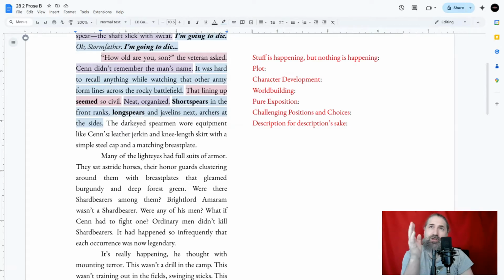It's that choice of words that creates the POV and the development of the character. It's what they are specifically looking at. And they could decipher the difference between long spears, short spears, and javelins, as well as archers at the side.